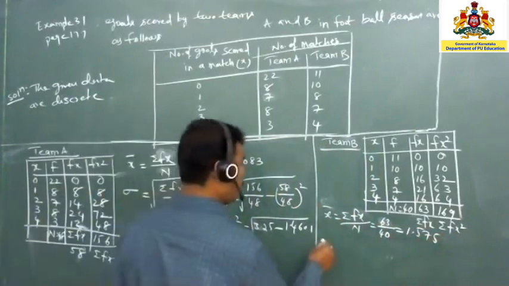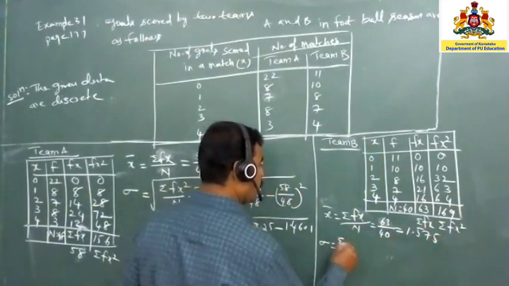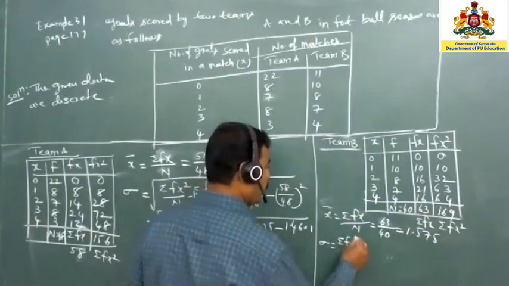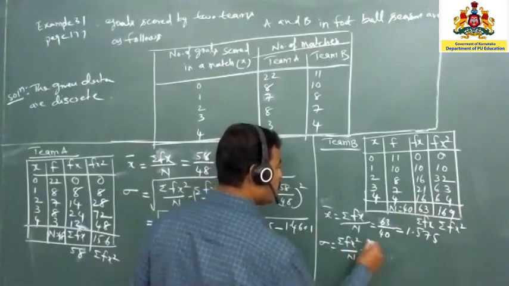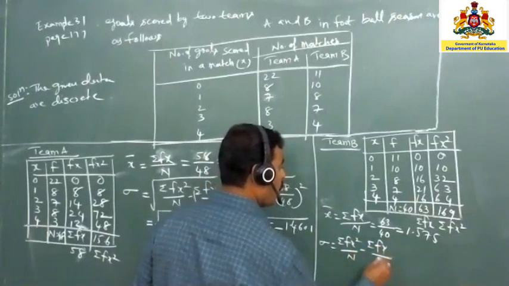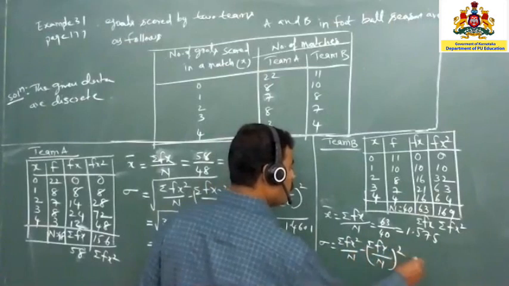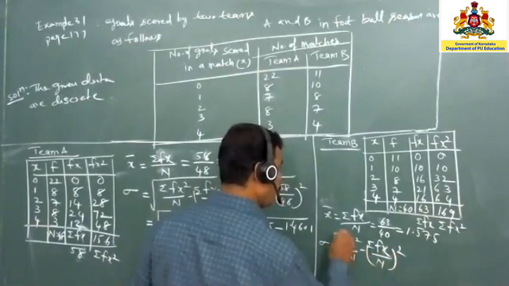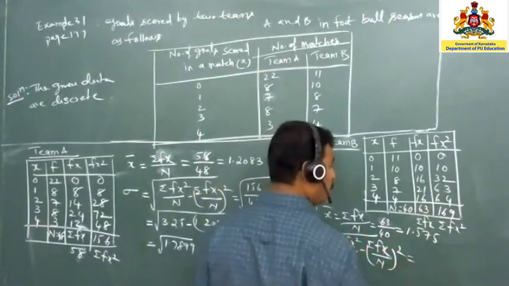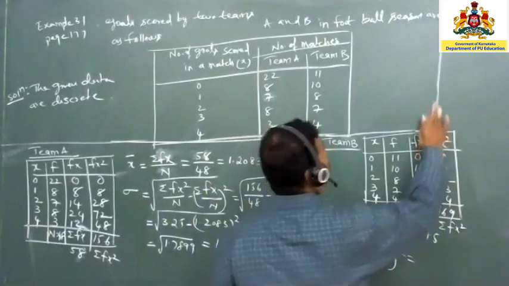Sigma equal to square root of summation fx square by n minus, whole square, summation fx by n.